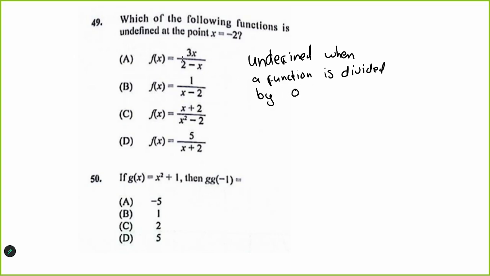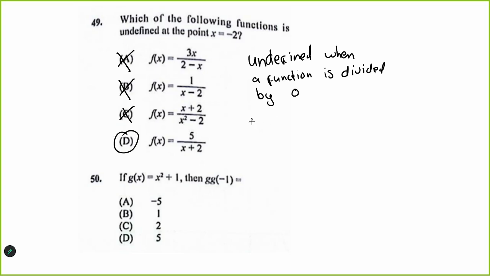So if we look at the denominator here, if I put x as negative 2 here, negative 2 plus 2, that is not going to give you a 0. Then if you put negative 2 here, negative 2 is negative 4, not this. Negative 2 squared, 2 twos are 4, so 4 minus 2 is 2, so no. If you look at D, D would be the answer.